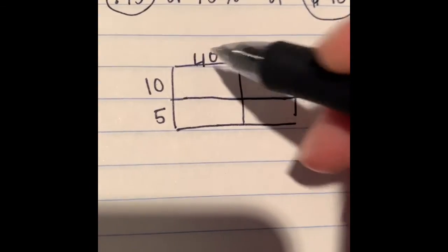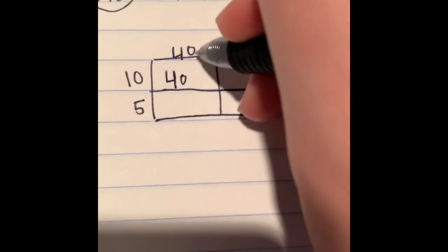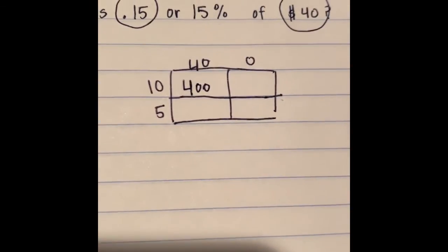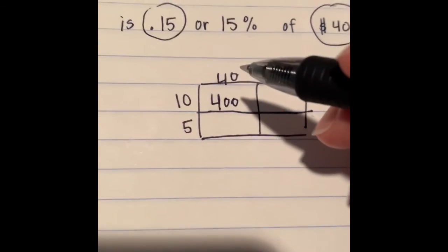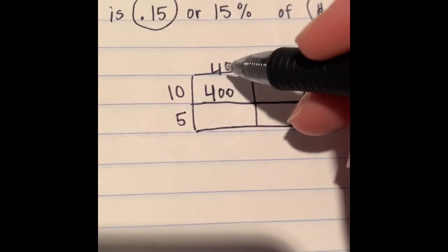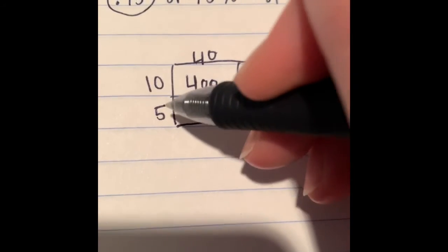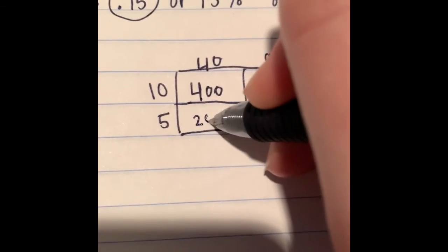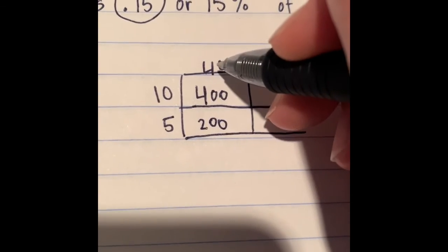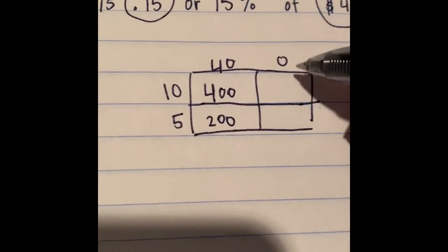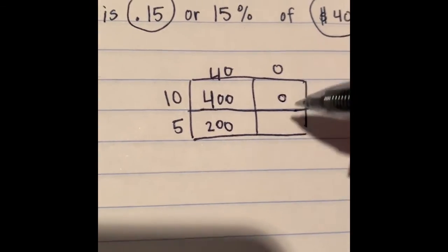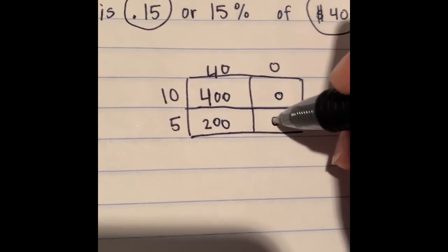So 1 and 4 we know is 4, and add that 0, we have 400, which we should know that 10 times 40 is 400, since 10 times 10 is 100, 10 times 40 is 400. Now we have 5 times 40, well we know that 5 times 4 is 20, so if we add in that extra 0 there from that 40, that would be 200. 10 times 0 is 0, 5 times 0 is 0.